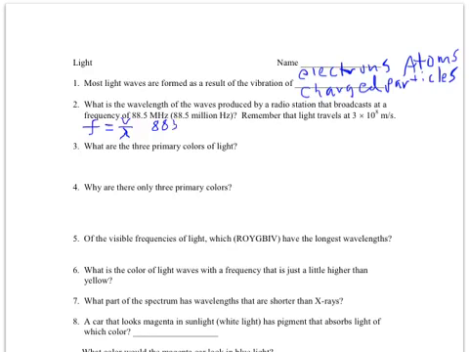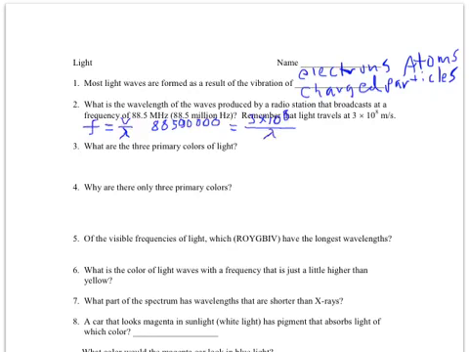The speed of light is 3 times 10 to the 8th, or 300 million. I'm just going to say 3 times 10 to the 8th.